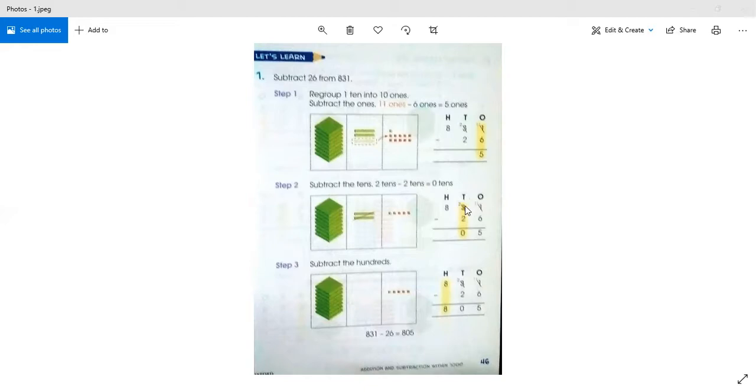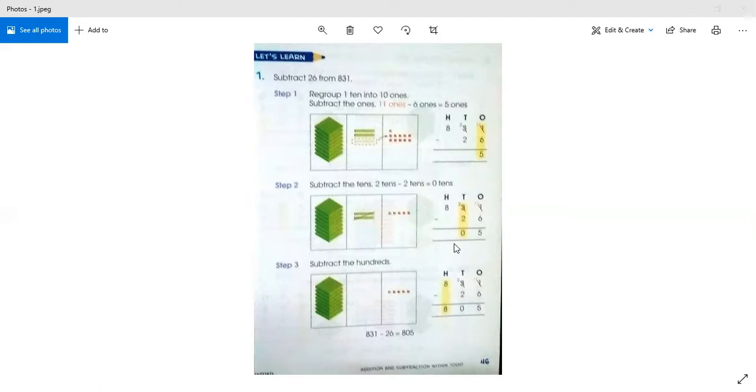So 2 on the top and 2 on the floor. Remember the poem? If the numbers are the same, 0 is the game. Now number same हो गए ना, 2 और 2, टॉप पे भी 2 है और फ्लोर पे भी 2 है, तो it will be 0. अगर 2 हम subtract करें 2 से तो क्या आएगा? 0, right? This is the solution of tens, right?